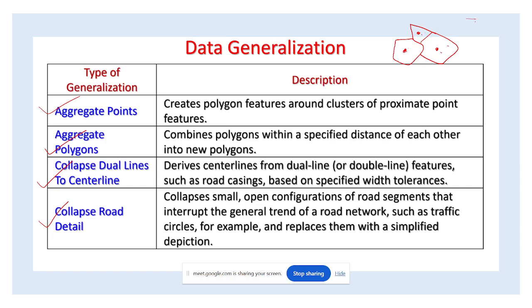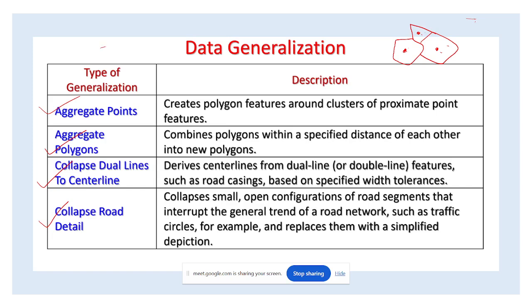Then we have collapse dual lines to center line. In this, it is like a dual line for a railway track or something like that. In such a case, you can merge into one line or derive a central line from the dual line.